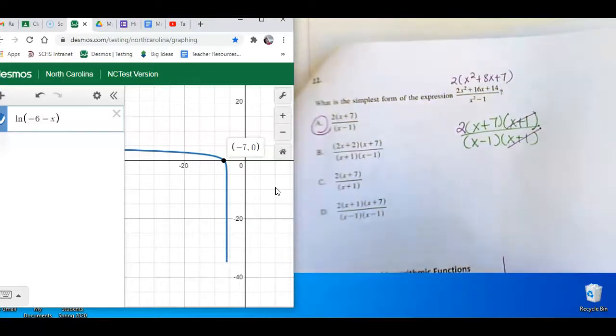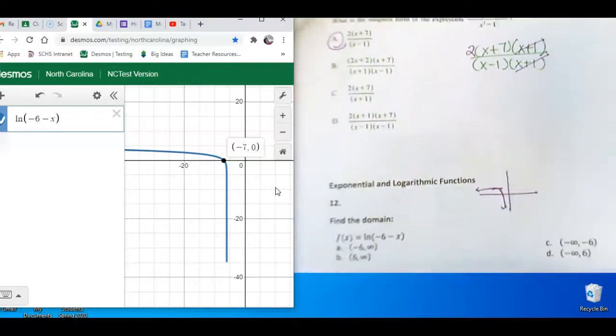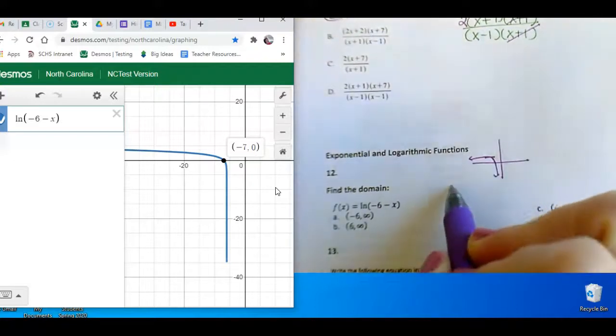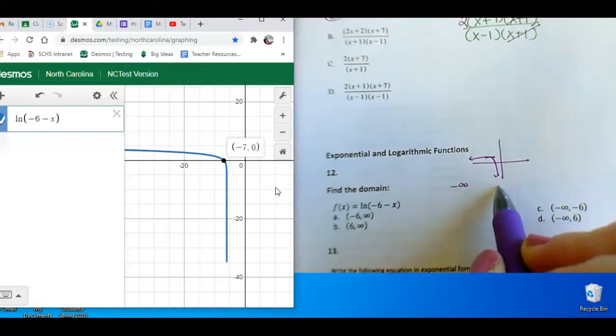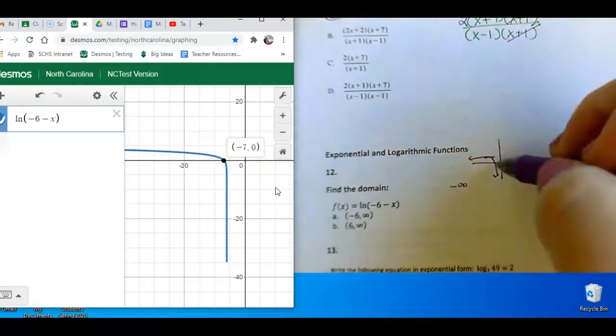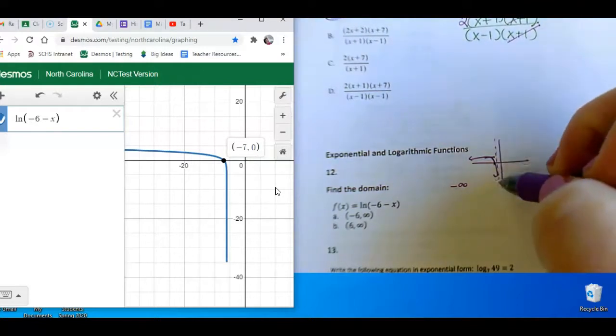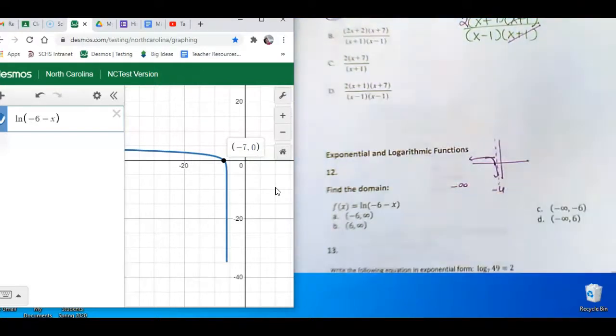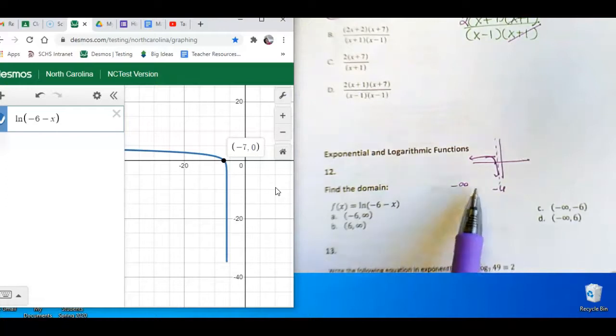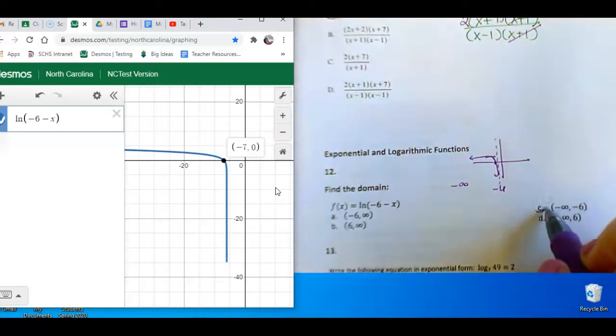So I know when I have a graph that looks kind of like that, the domain keeps going this way, so it's going to negative infinity, but I need to figure out where it stops here. And see, negative 7 is where it crosses the 0, so it looks like just a little bit more would probably be at negative 6. So it looks like the domain is negative infinity to negative 6.